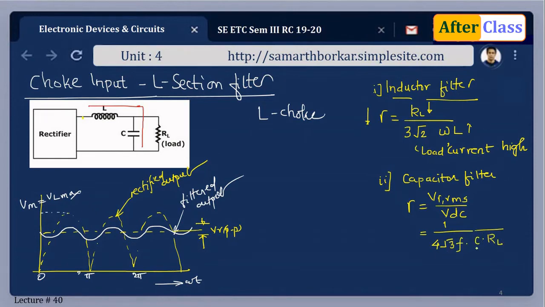Now if the frequency is taken as 50 Hertz, the capacitor in terms of microfarad, and the resistor, that is the load resistor, in terms of ohms, meaning if I take C into 10 to the power minus 6 and F as 50 Hertz, and substitute in this expression, what I get is the ripple factor R equals 2890 divided by C dot RL.